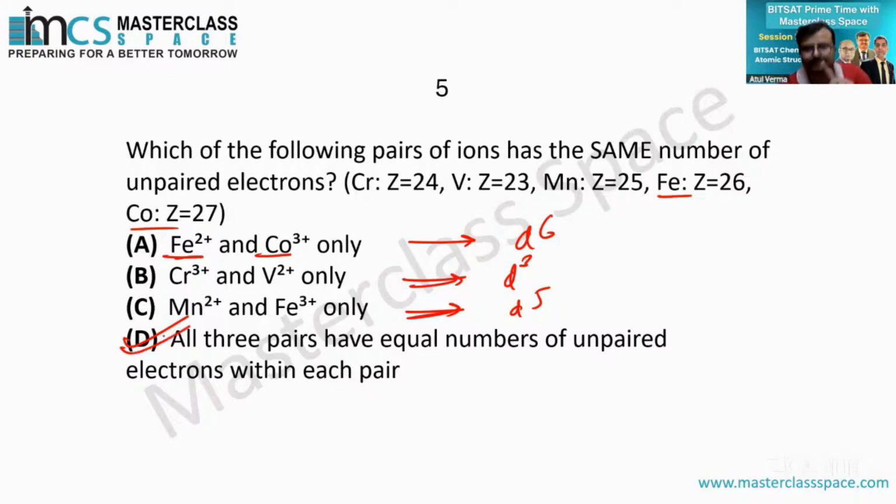So this is one way in which you should save your time in your BITSAT exam. You should see if you can do it with some clever method instead of just going by basics, writing the configuration, iron is 4s2, this and that. Try to be a little more specific here.